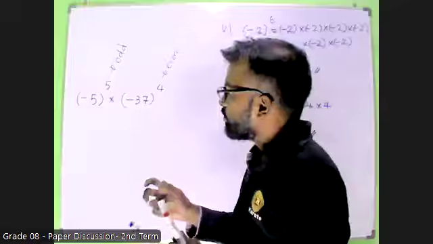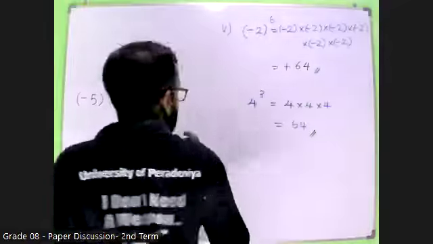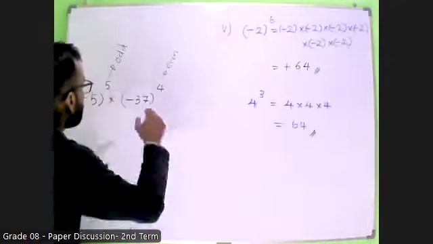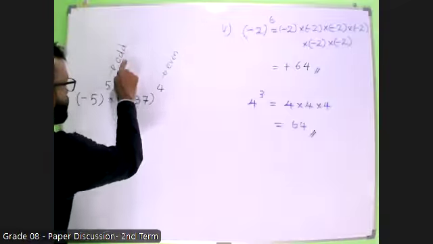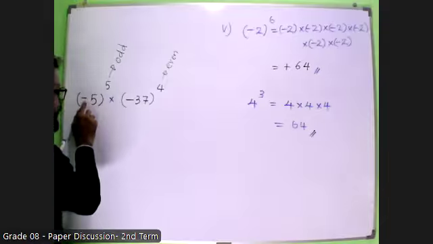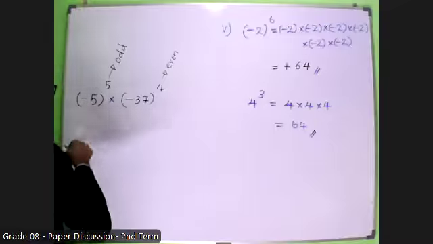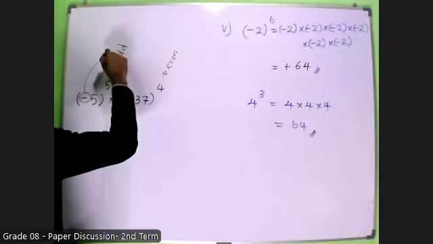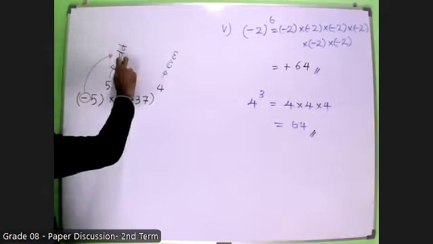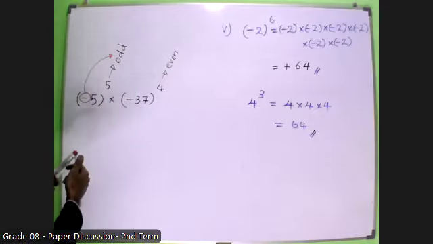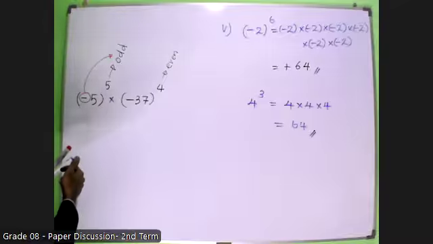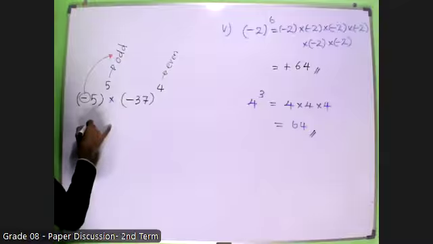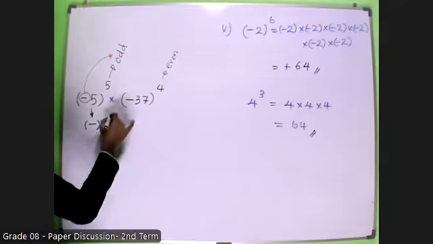Very easy. So let's see. There is a pattern. If you have an odd power of a negative sign, the sign of the answer of this one will be negative, right?